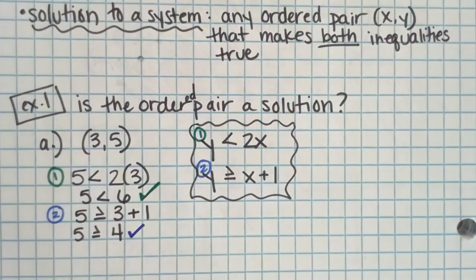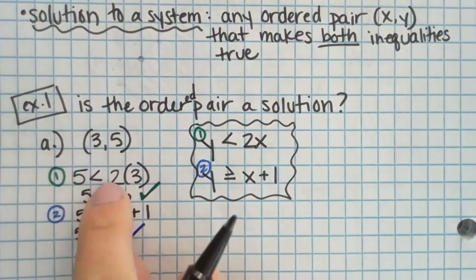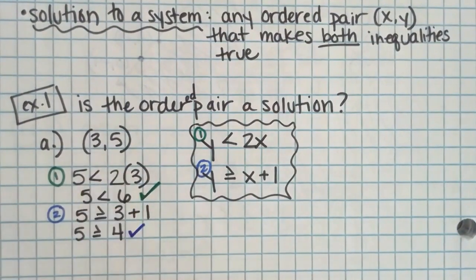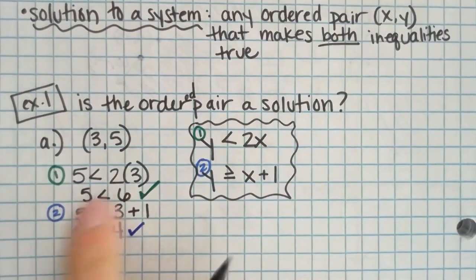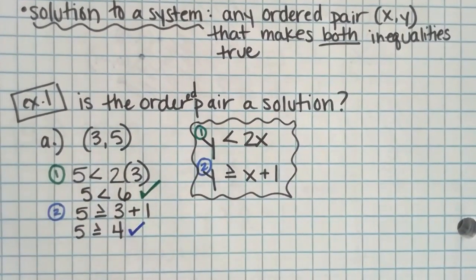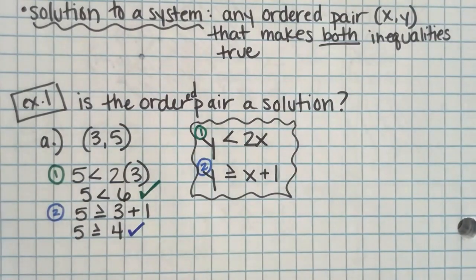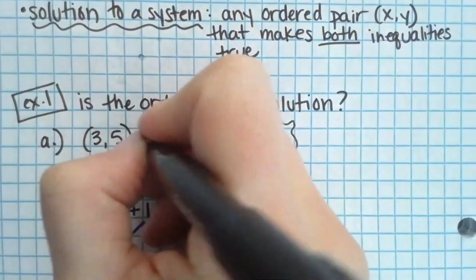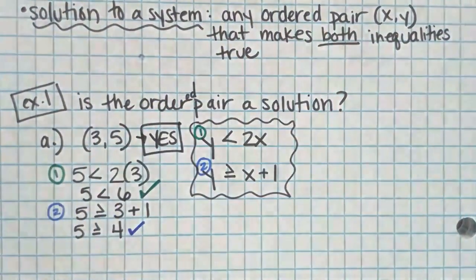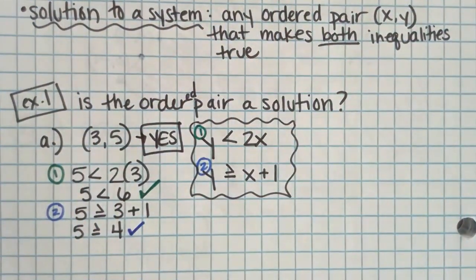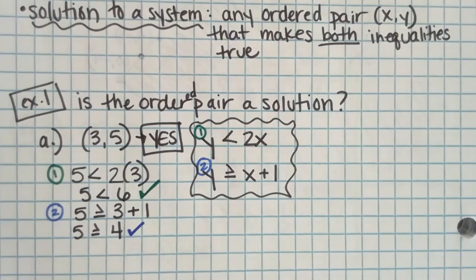So both of these inequalities, when we plug in that ordered pair, we get true statements. 5 is less than 6. 5 is greater than or equal to 4. So because the ordered pair creates a true statement in both of the inequalities, we can say that yes, this ordered pair is a solution to the system. Okay?